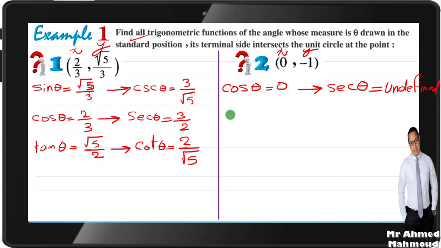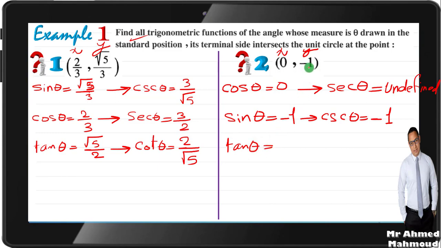Okay, now sine theta, which is y, which is negative 1. Cosec theta equals 1 over sine, which is 1 over negative 1, which is negative 1. Finally, tan theta.